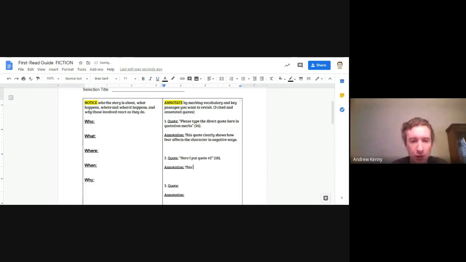So I would say this quote clearly shows another example of fear causing the character to act differently, to act in a different way.